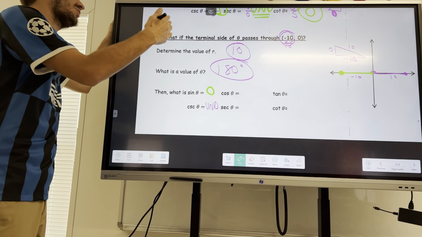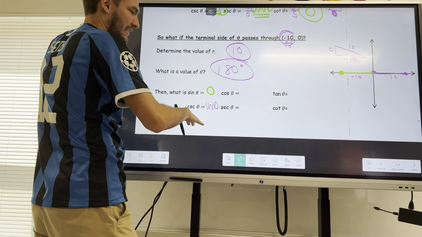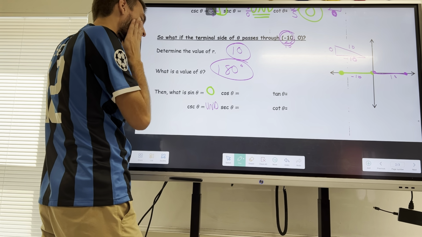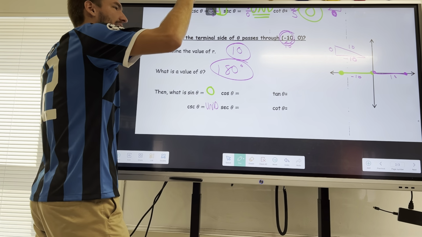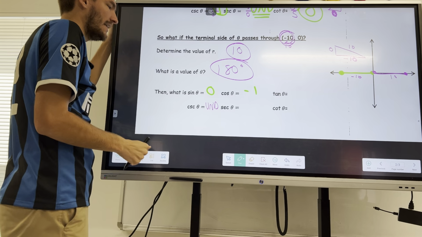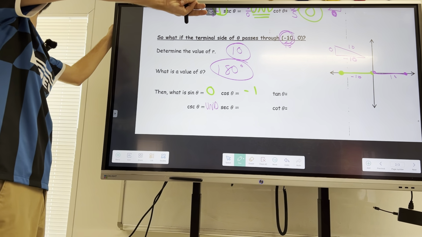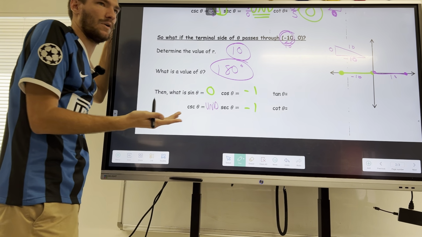Okay, now let's go to cosine. Cosine is adjacent over hypotenuse. It's -10 over +10, which is -1. The secant is -1 upside down. Still -1.